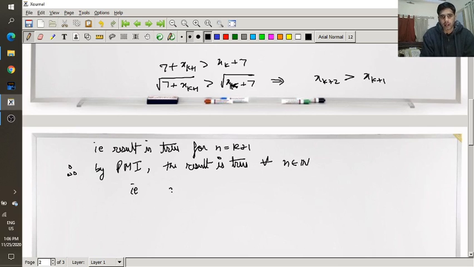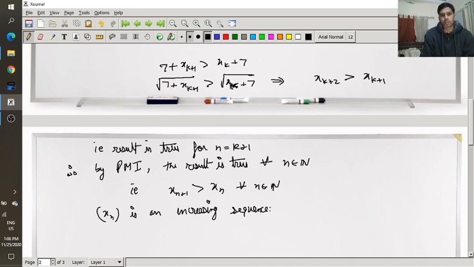That is, xn plus 1 is greater than xn. This holds for all n belonging to natural numbers. Right? Now what does it mean? This means that xn is an increasing sequence. So first we have proved that it is an increasing sequence.